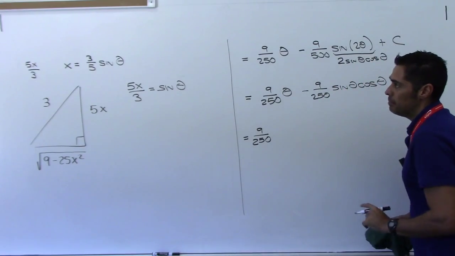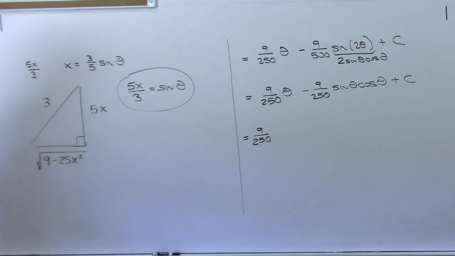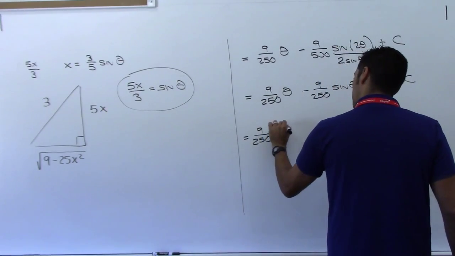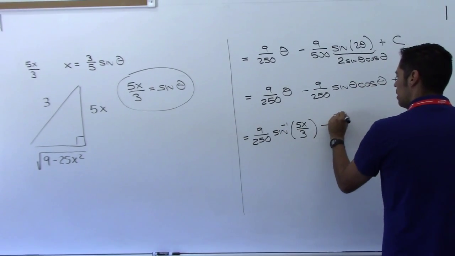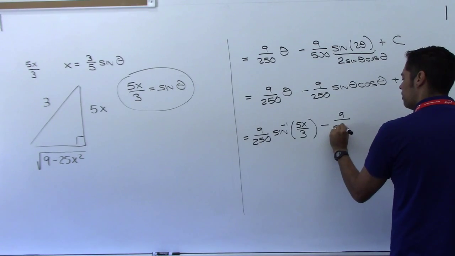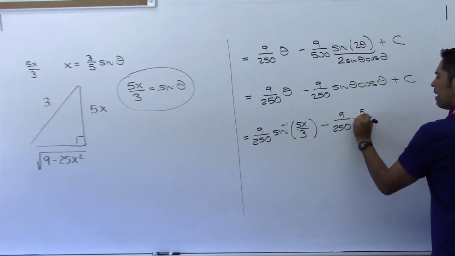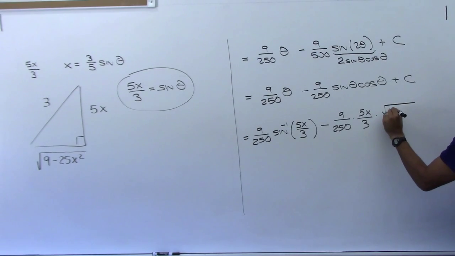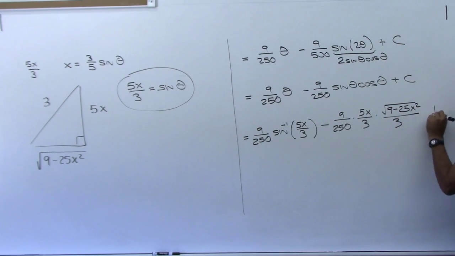What's theta going to be? Come back to this right here. Arc sine of 5x/3. Minus 9 over 250 times sine theta, which is 5x over 3, times cosine theta, which is root 9 minus 25x squared over 3, plus a constant.